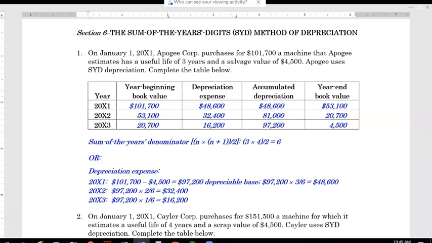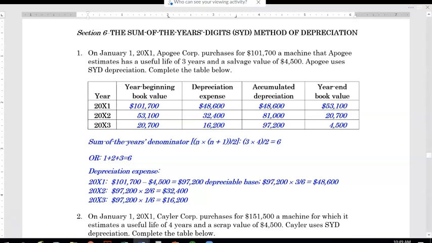You say this is 3 years, so 1 plus 2 plus 3 years. So year 1 plus year 2 plus year 3 equals to what, 6? You see? So that is the same thing.